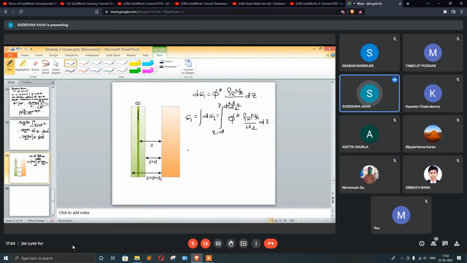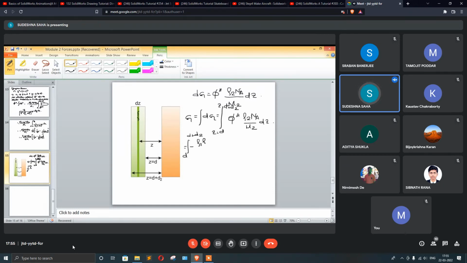If you put in that phi double prime, this will give you the integral from d to d plus d2.